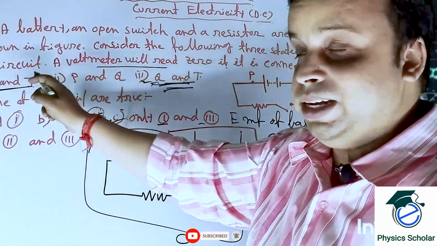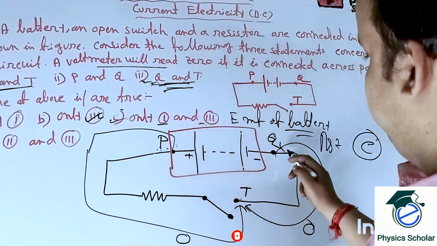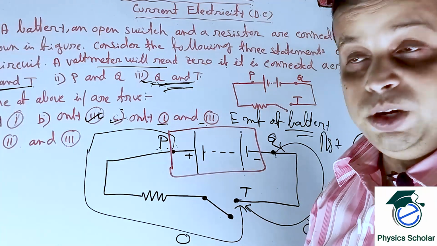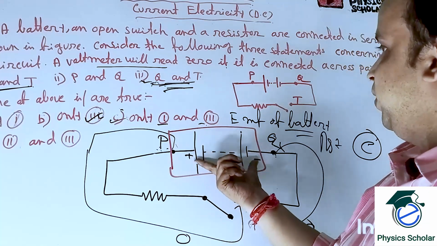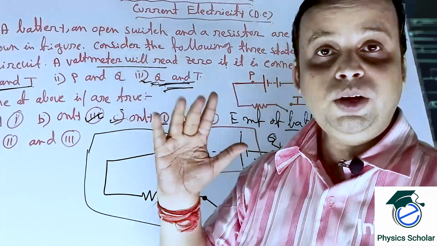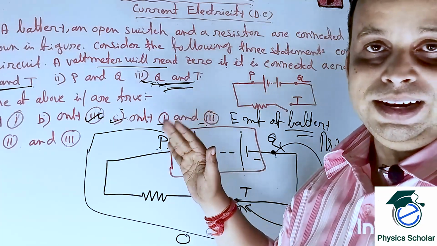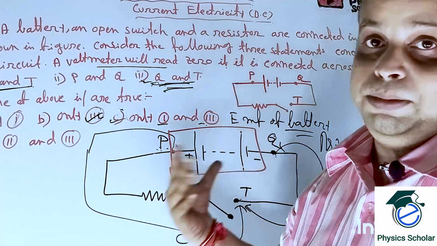Option 1 is P and T, and option 3 is Q and T. When the voltmeter is connected at these two points, the reading will be 0. So the answer will be option C, only option 1 and option 3. But when the voltmeter is connected across P and Q, the reading cannot be 0, because it will show the EMF of the battery.